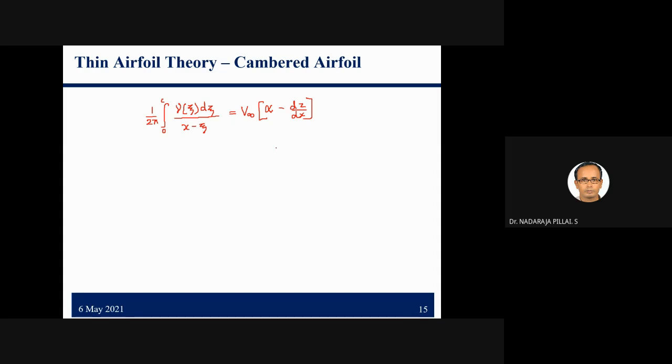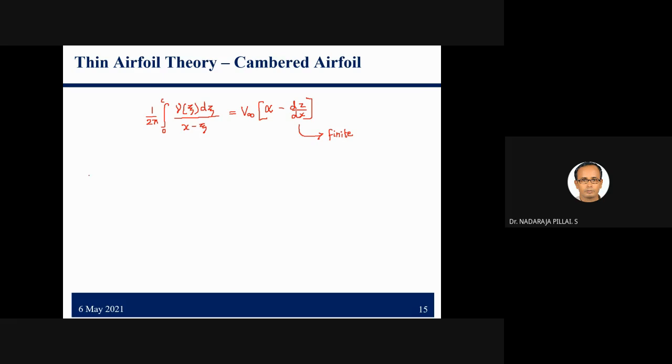In the case of the cambered airfoil, dz by dx is finite. In the symmetrical airfoil, we assumed that dz by dx is equal to 0. So this equation becomes a little more elaborate.